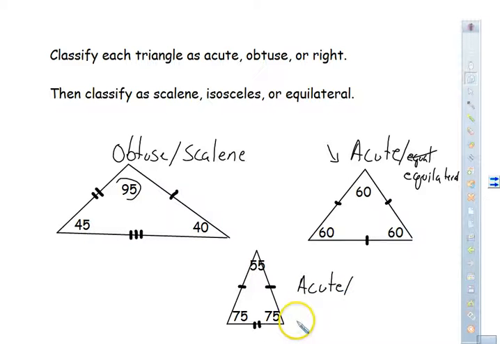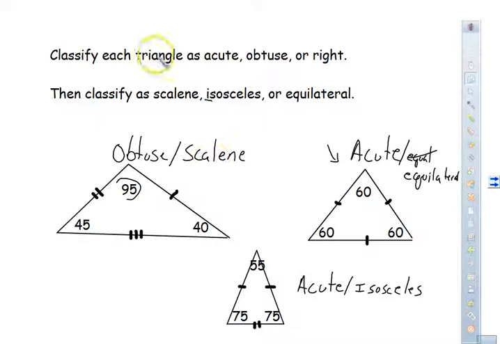And now I'm going to look at what the sides are. I see that I have two of them that are the same, and since there are two the same, that is isosceles. So we have an isosceles triangle, and it is an acute.